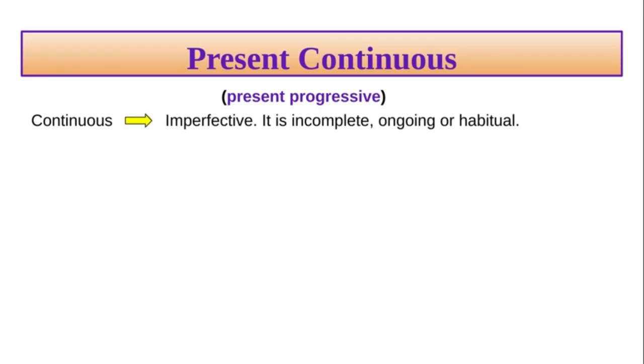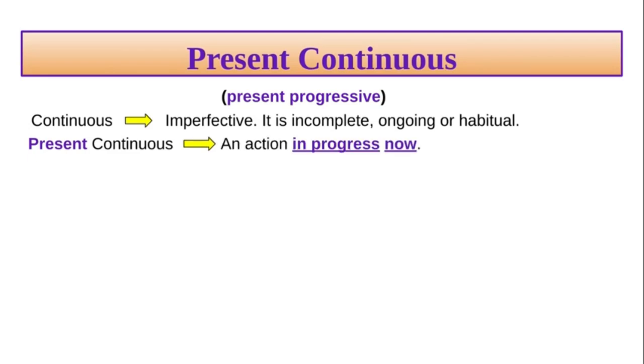It is incomplete, it is ongoing, or habitual in nature. The present continuous is an action in progress. Keyword present. Combine the present form copular to be verb with a present participle to conjugate the present continuous.